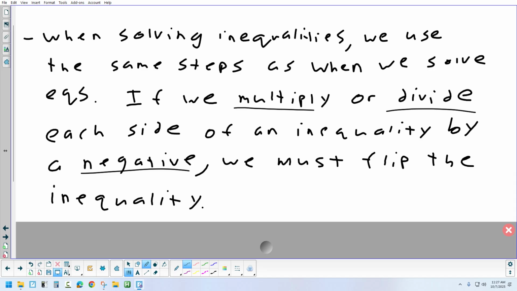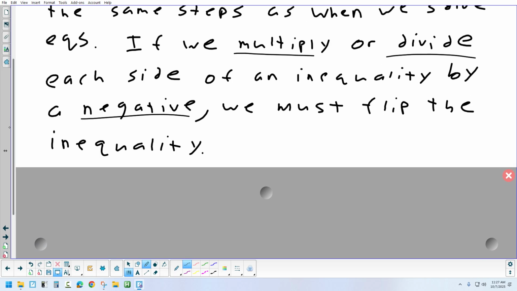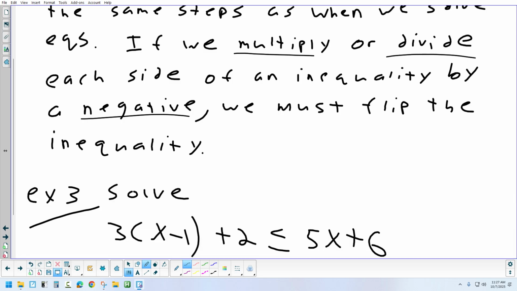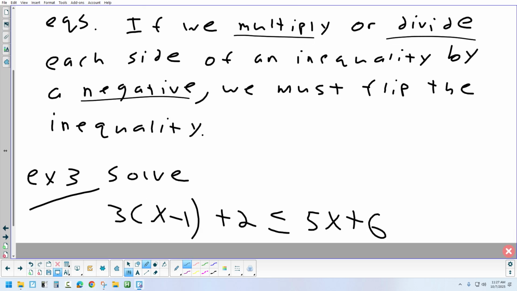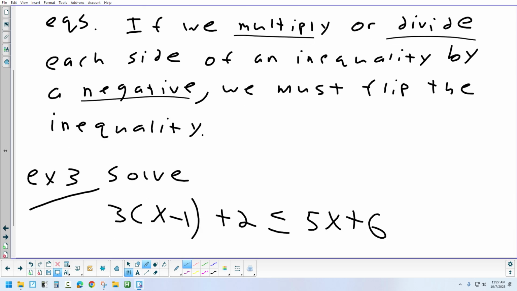Okay, so now we'll try solving a few inequalities. All of the properties that you know still work. You can add a number to both sides, subtract something, distribute, all that stuff is fine. This is the only thing we have to be careful with.